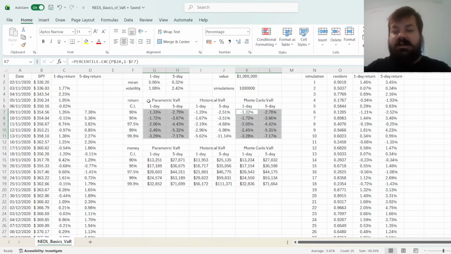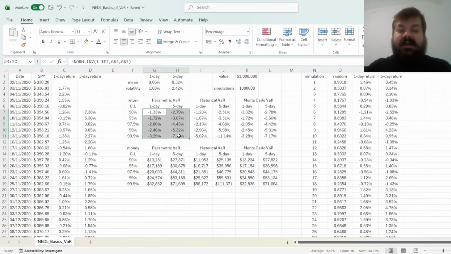And that's unsurprising, as with an infinite number of simulations, the output we get from a normal Monte Carlo simulation is exactly the result of parametric normal VaR. Again, for any other distribution, this would also be the case.